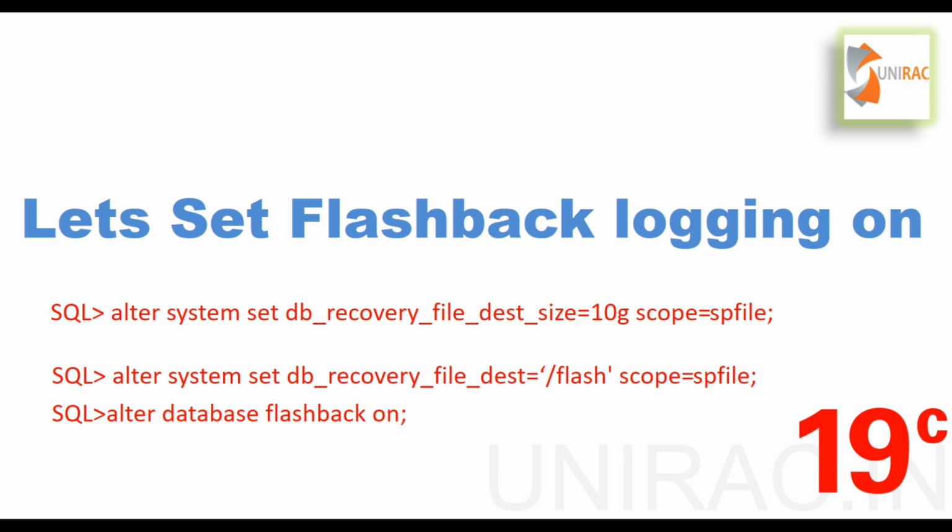We set the size using the parameter db_recovery_file_dest_size, which controls the size of the destination where the flashback area, the fast recovery area, is located. Then you can issue the command alter database flashback on. So we have to ensure these two parameters are enabled to enable flashback.